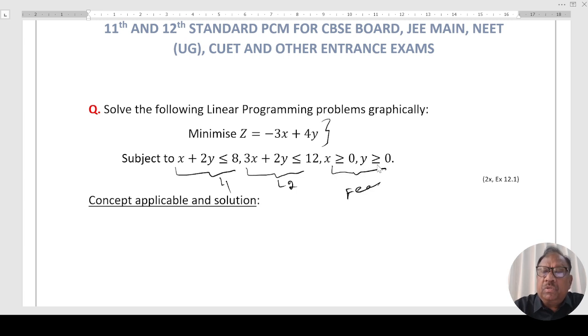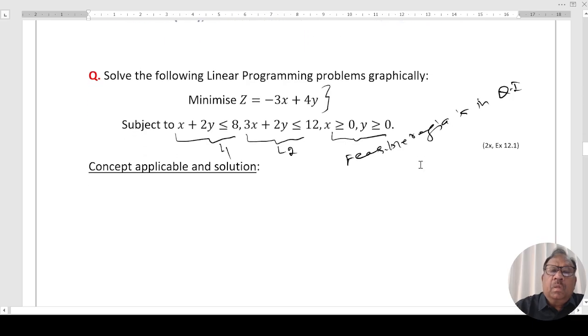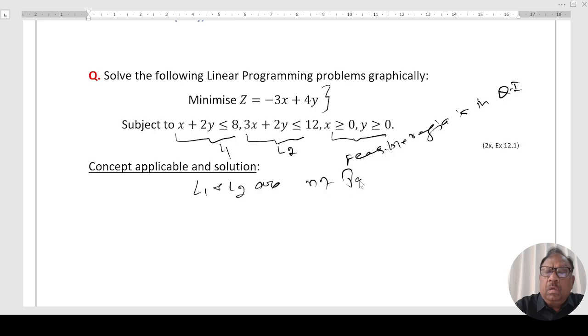In the earlier question I have discussed in detail, feasible region is in quadrant 1. L1 and L2 are not passing through 0, 0.